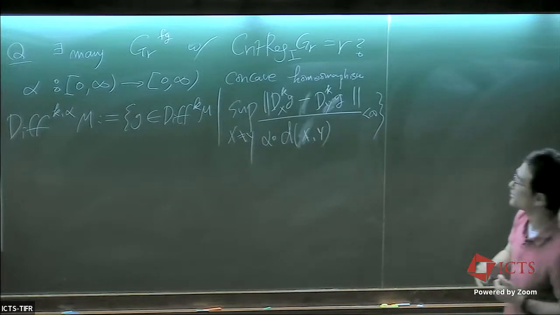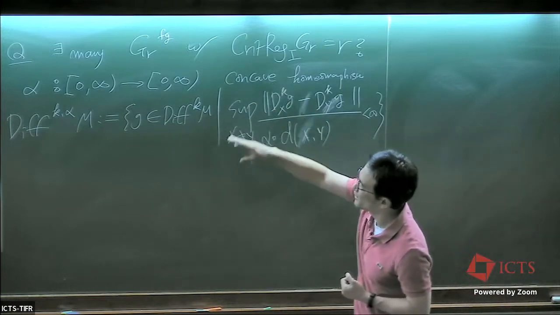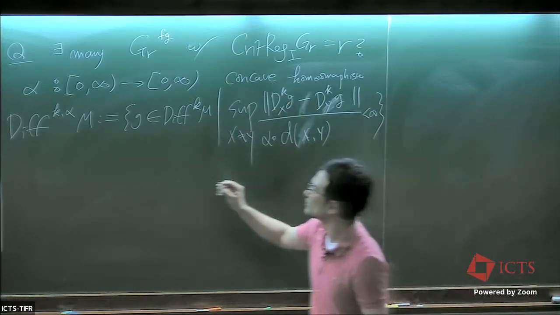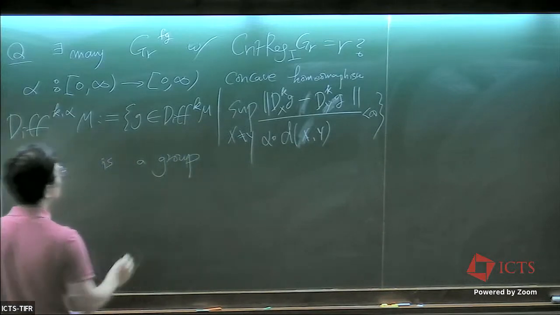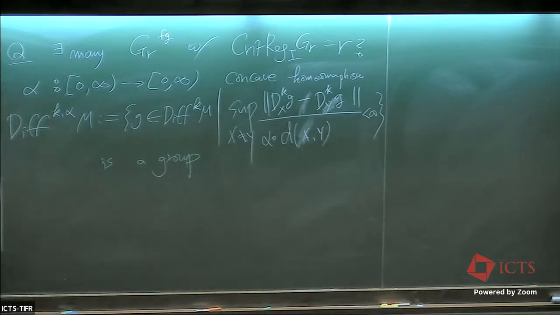And the nice thing about assuming concavity is that this becomes a group. Without the concavity, this is not true. And concavity is actually enough: every modulus of continuity is bounded above and below by a constant multiple of some concave modulus of continuity. So concave is enough, and it gives us a group.